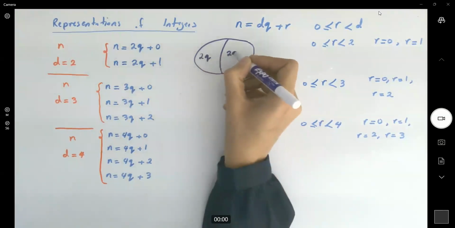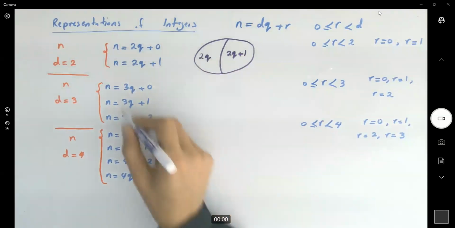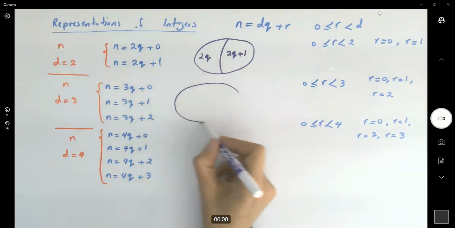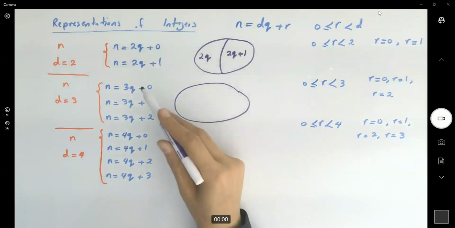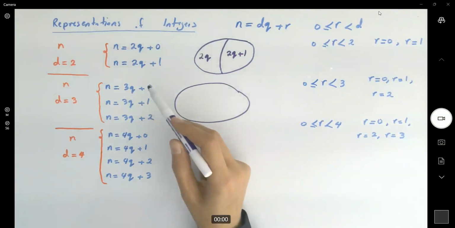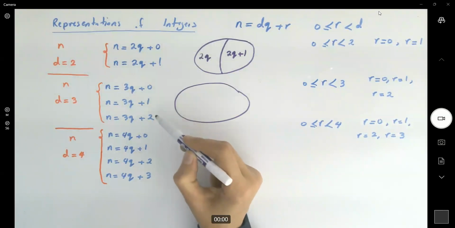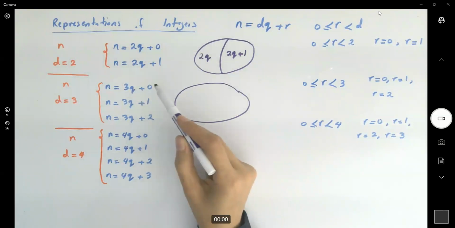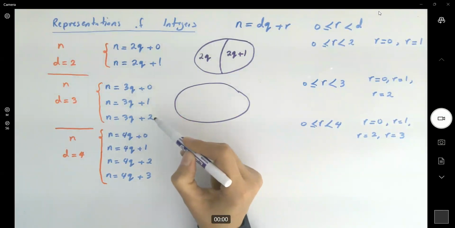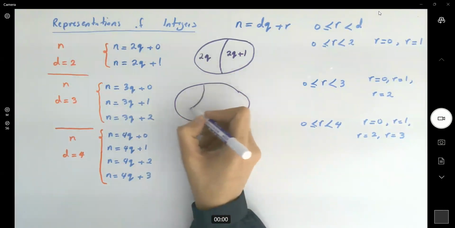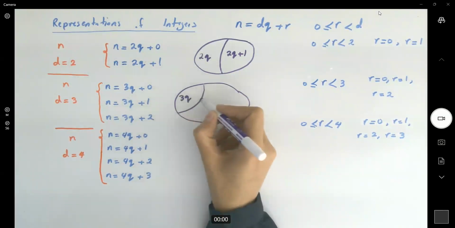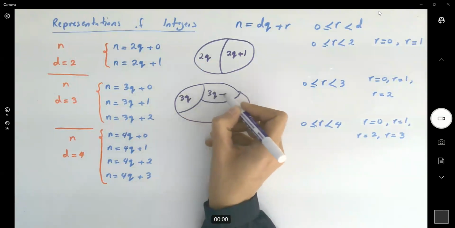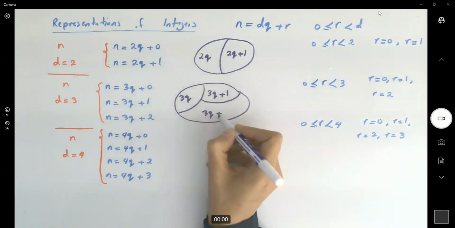In the world of integers, if I divide integers by 3, I can categorize them by their remainders 0, 1, 2, or in general, I have 3q, 3q plus 1, and 3q plus 2.